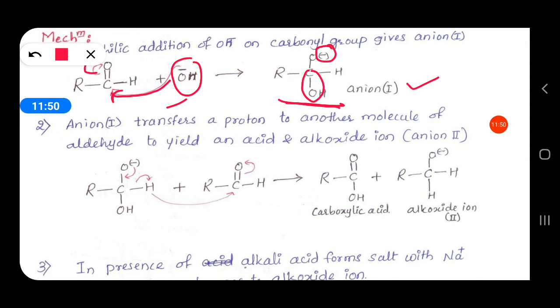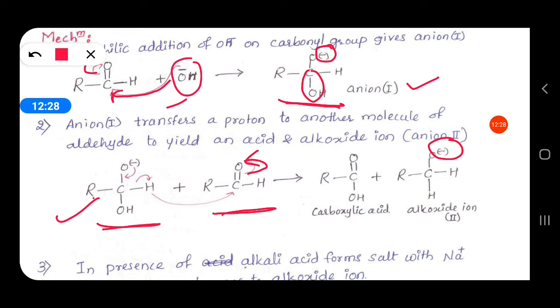Anion 1 reacts with another molecule of aldehyde. Anion 1 transfers a proton to another molecule of aldehyde to yield an acid and an alkoxide ion. So this is anion 1. It approaches another molecule of aldehyde. The pi electrons are shifted to the electronegative oxygen so that oxygen gets the negative charge.